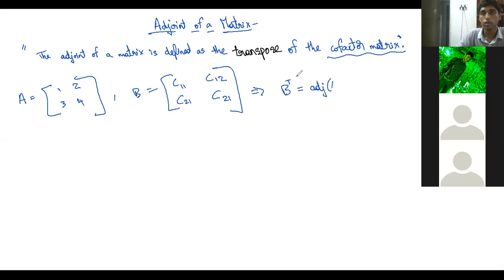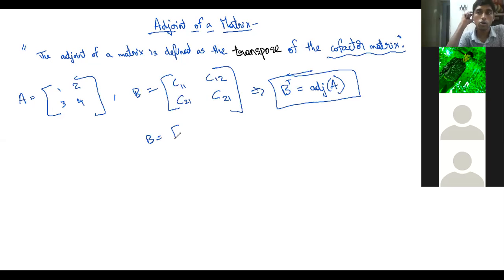This is the symbol of adjoint. In this case, B will be equal to, what is the cofactor of 1? Remember cofactor? 4. Here? 3. Minus 3. Sorry. Minus 3.